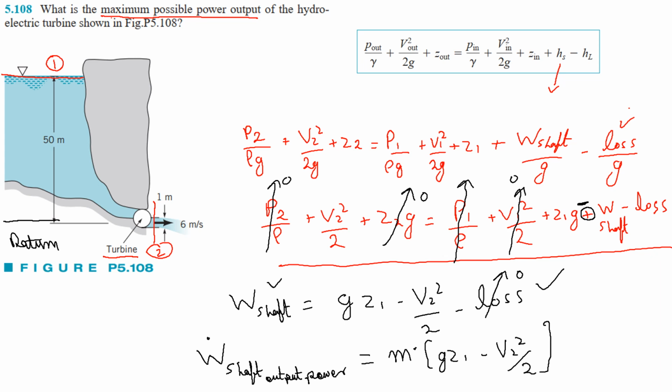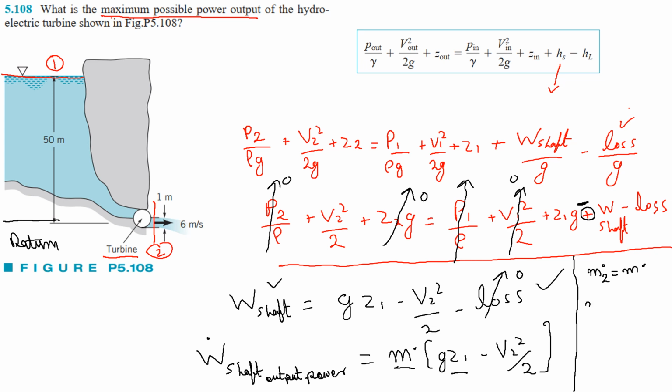So what we need to do is just find the mass flow rate. For this equation, we know our Z1, that is 50 meters, and we know our velocity at V2, that is 6 meters per second. So by using the continuity equation, the conservation of mass analysis, we are going to take the mass flow rate at section 2, because at section 2 we can find our mass flow rate, and we will equate that to m dot.